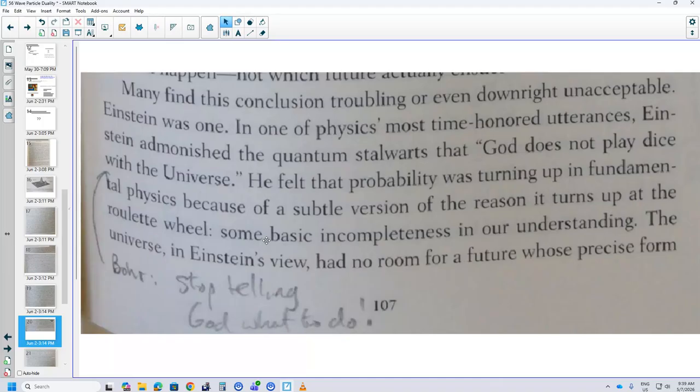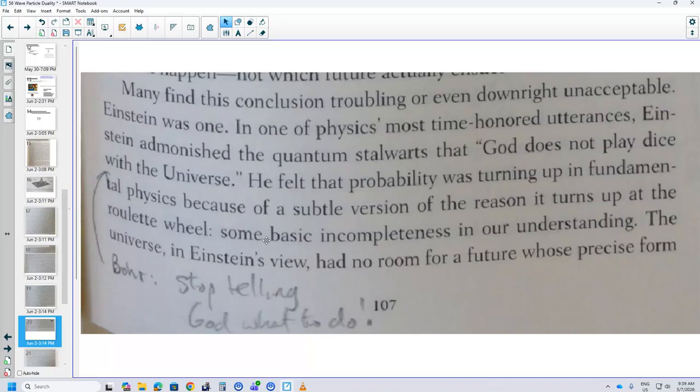Einstein was one. In one of physics' most time-honored utterances, Einstein admonished the quantum stalwarts, saying that God does not play dice with the universe. And then Bohr's response was, "Stop telling God what to do."